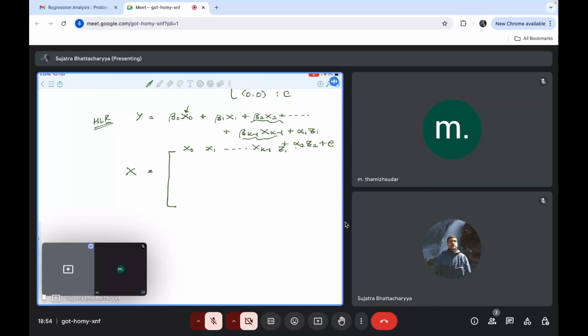Then you have z1 and z2, right? So x naught will always be 1. It will not change. Now, changes will happen in z1 and z2. So it will be either 1 0, and so on. Then somewhere it is 0 1, and so on. And finally it will be 0 0.